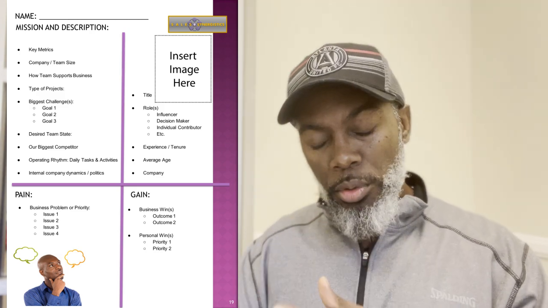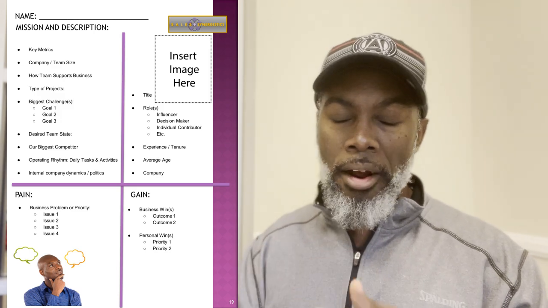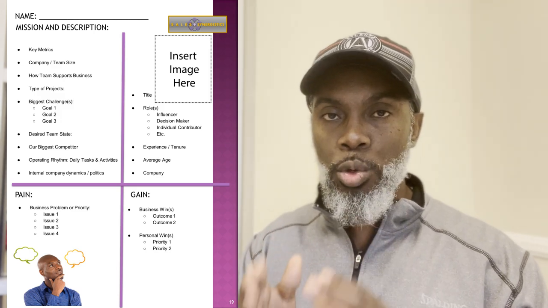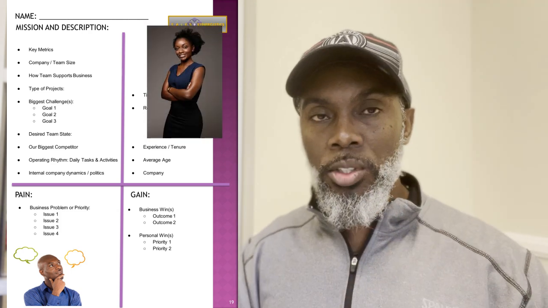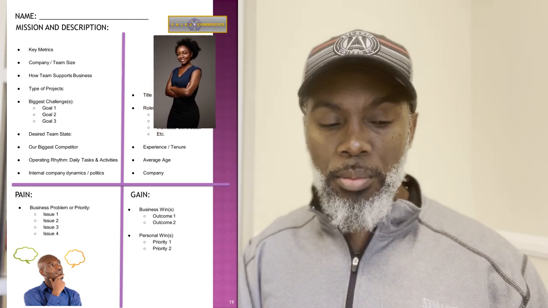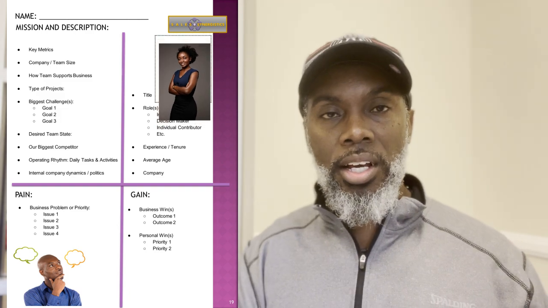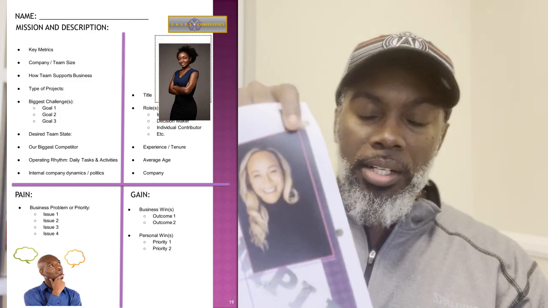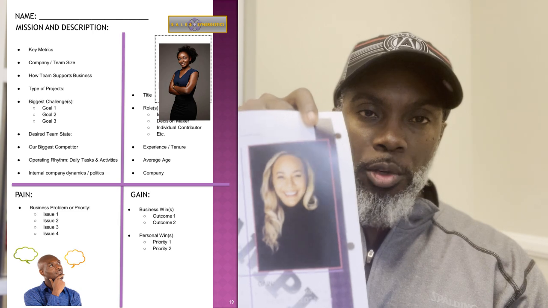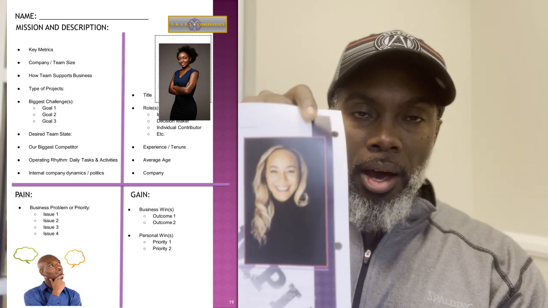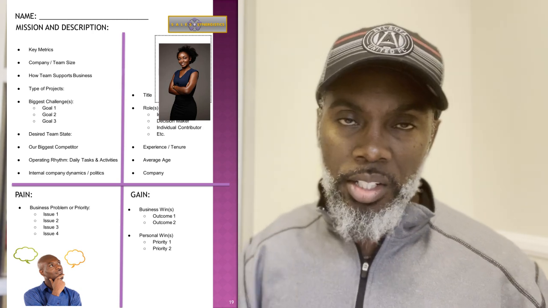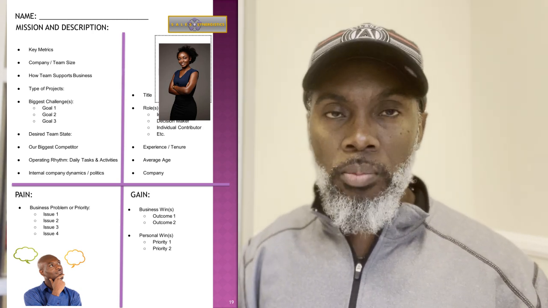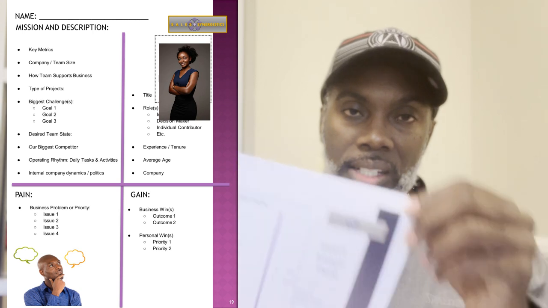But if you know the persona, you've sold to somebody, you've had conversation with somebody who's exactly who you are designing your product for, exactly who it's built for, get that person's picture, put that image up in that right-hand corner. It doesn't have to be full page like this. It doesn't have to be something that you fully take up that whole block, but you want their picture there so that you, during this exercise, can sit down based on the prompts on page 19.